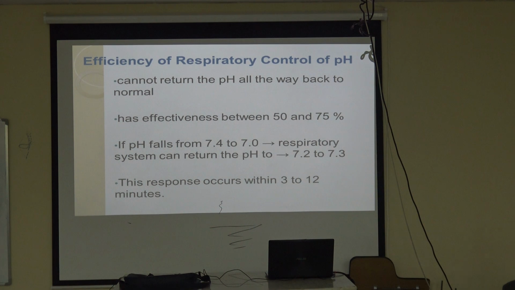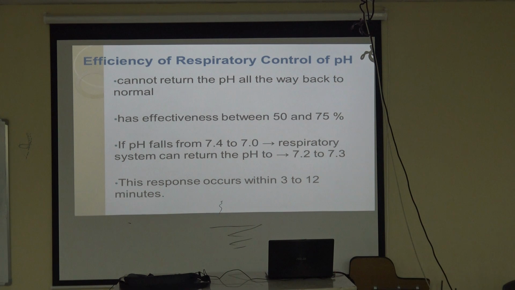Then comes the respiratory system, which responds to the changes in the pH, hyperventilation and hypoventilation. This takes a few minutes, but the response is quite good.